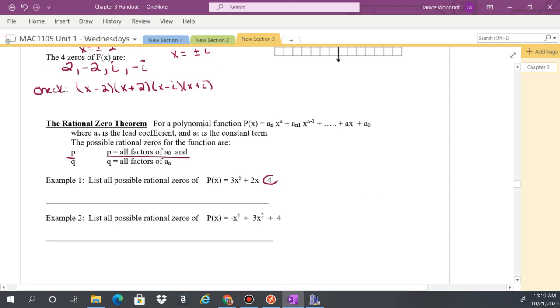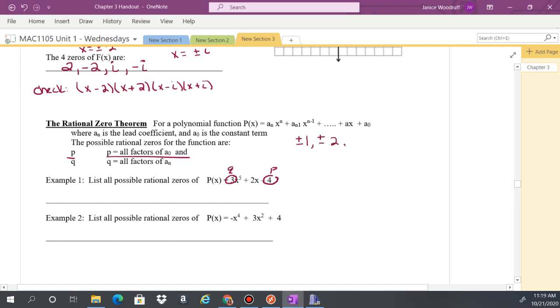So P over Q. Okay, so for example 1, all of the factors of P. So everything that would multiply to 4, and you're ignoring the signs here. What multiplies to 4? You've got 1, so you go plus minus 1, and 4, and 2.